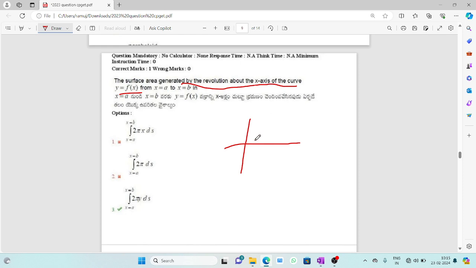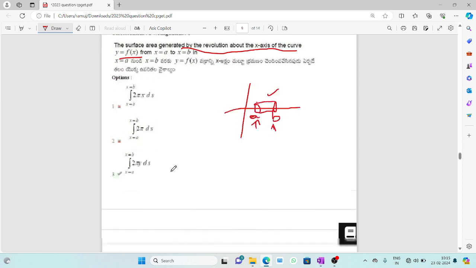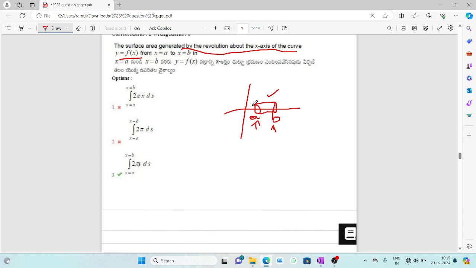The revolution is happening about the x-axis from point A to B. So these are the x limits, x equal to A and x equal to B. Since we need to find the surface area, directly we will get the integration from x equal to a to b of 2 pi y ds.